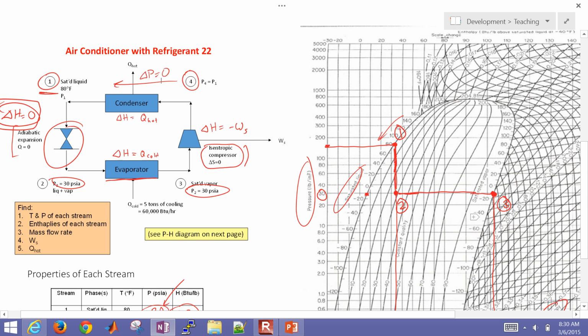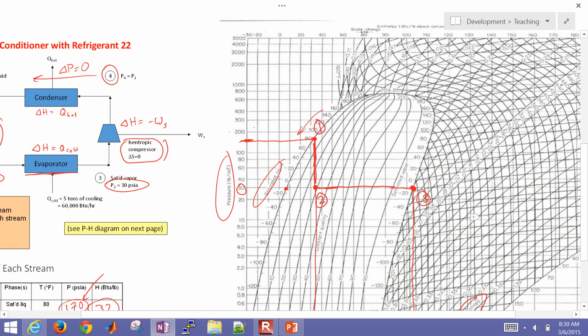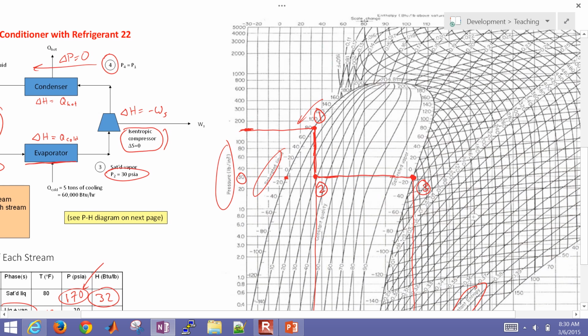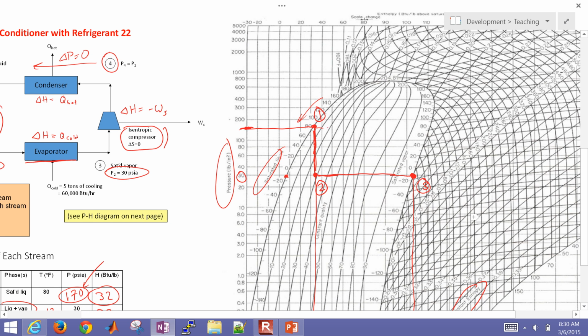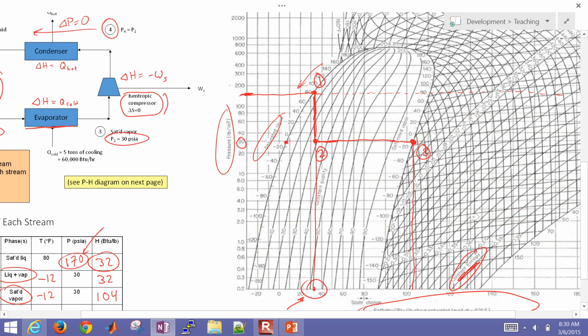And so I need to get up to this 170 psi line. Okay, so it's going to be somewhere along this line, but I also know that I have to follow the constant entropy line.